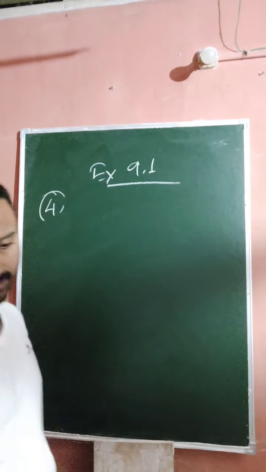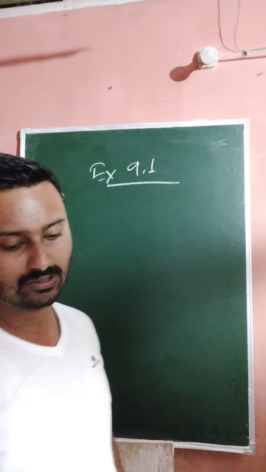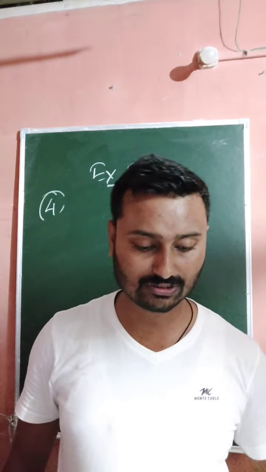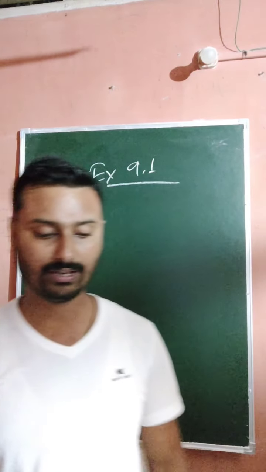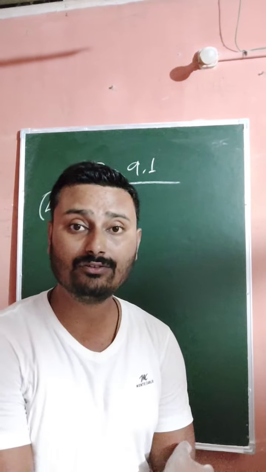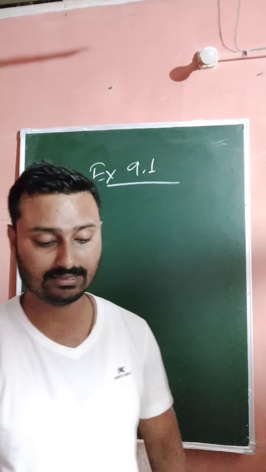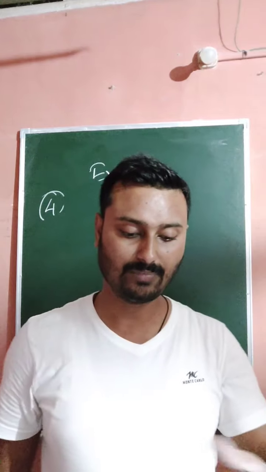Okay, so now come to question D. What is D? The age of Rahul's father to Rahul's age when Rahul was 5 years old. The present age of Rahul is 10 years. So when Rahul was 5 years, it is saying 5 years ago.